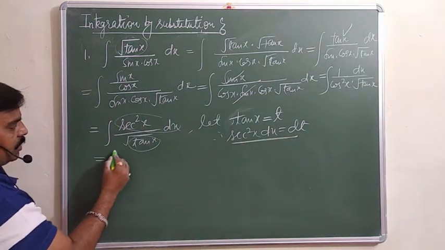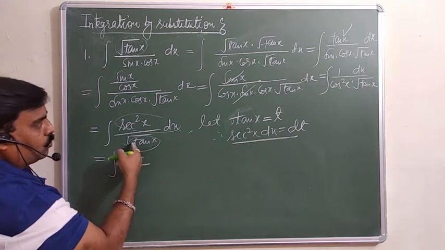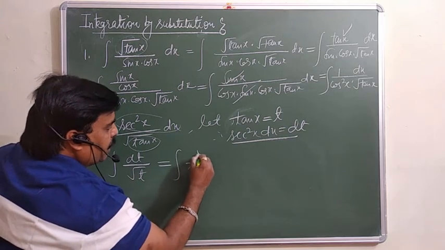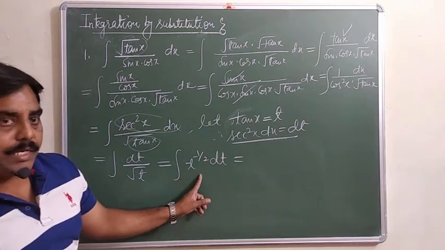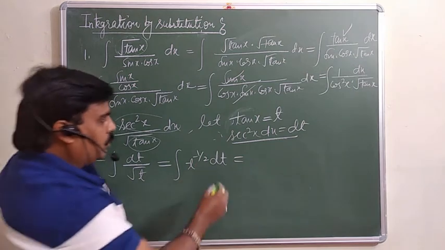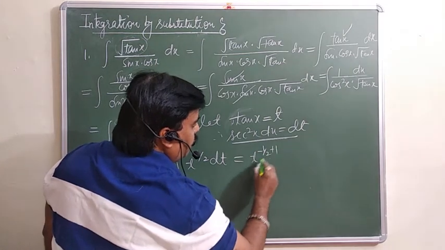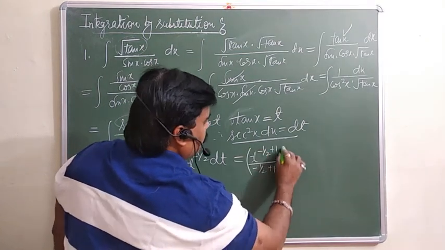So what you will get is here sec square x dx you can write down dt over under root t, and this is equal to t raised to power minus 1 by 2 dt. Take the antiderivative of this one only, so it will be equal to t raised to power minus 1 by 2 plus 1 over minus 1 by 2 plus 1 plus c.